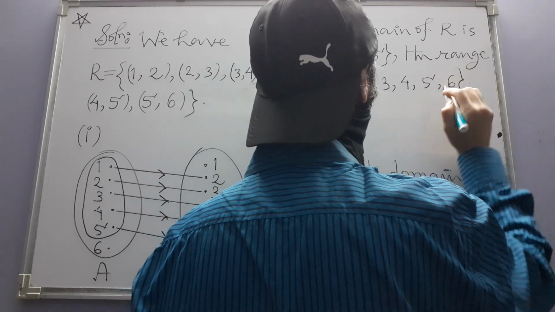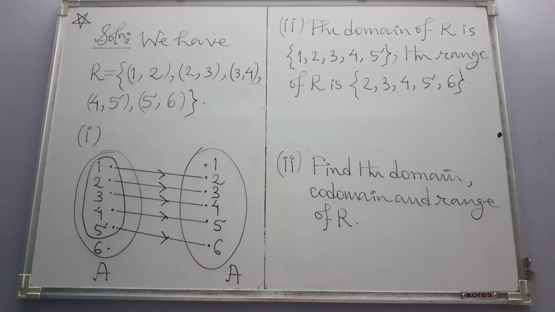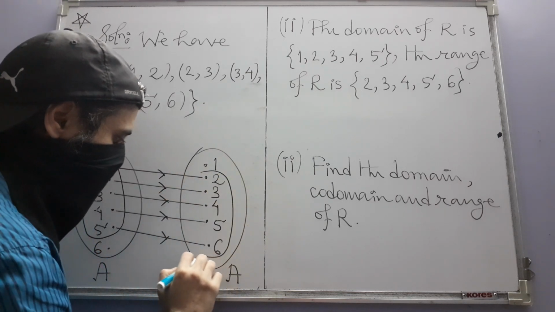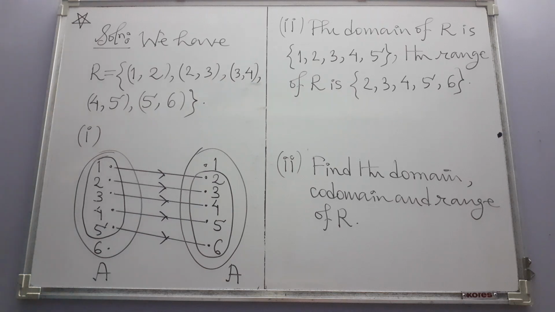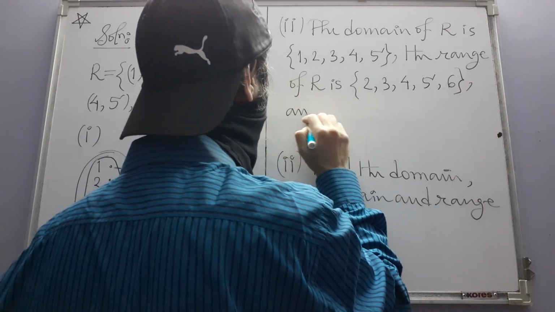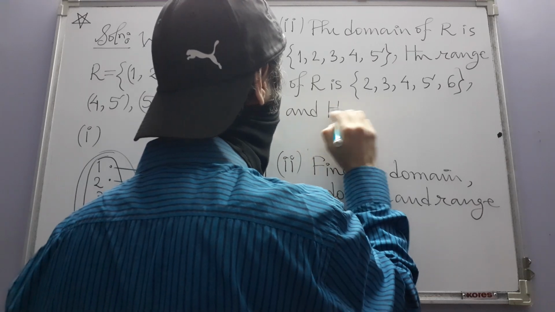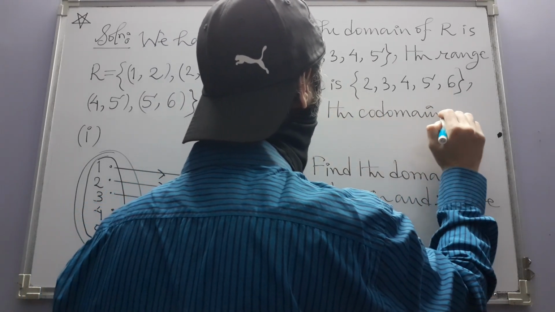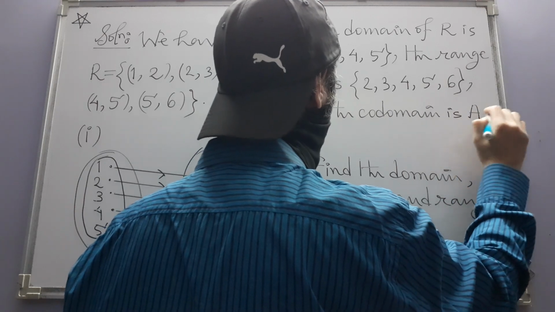And this also is a proper subset of the codomain, and the codomain is A. So this is the range. And the codomain is A.